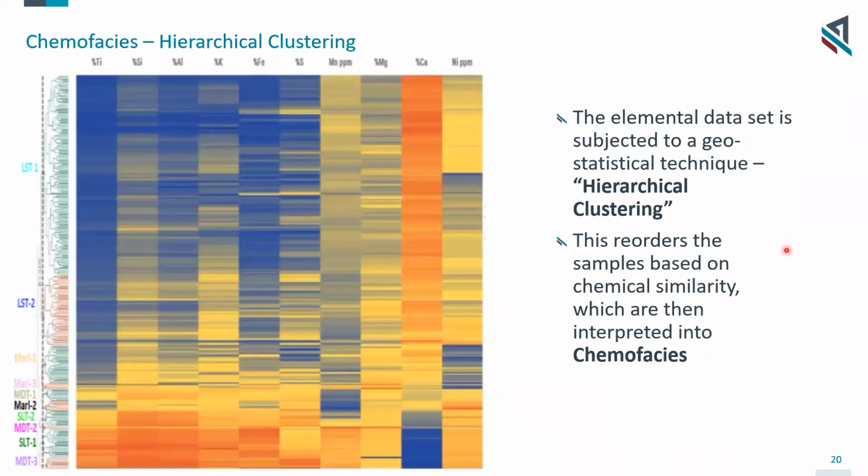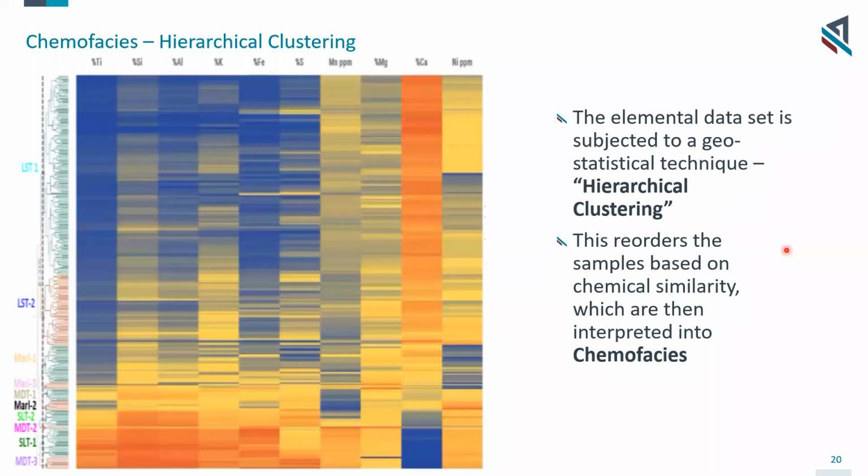Once we have the elemental data set, as the slide suggests, this can be processed through a geostatistical technique called hierarchical clustering, which is used by our team led by Dr. Harry Rowe, principally at the University of Texas at Austin.